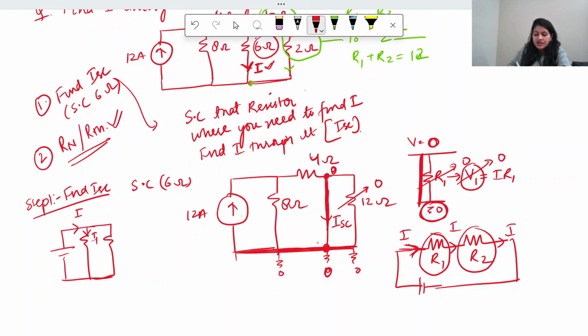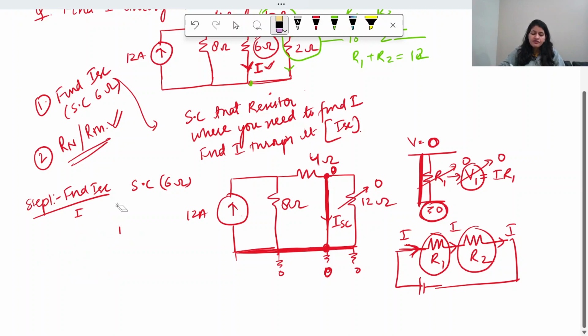In parallel, the current gets divided, so the currents in parallel resistor branches are different, but the voltages are the same. So if this is V volt, the voltage here will also be V volt, and here too, unless there is some resistance in between or an additional voltage drop here. In that situation, the voltage can differ.